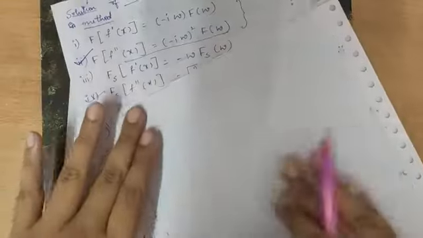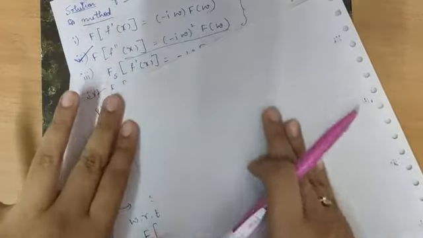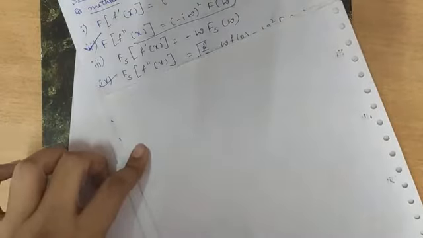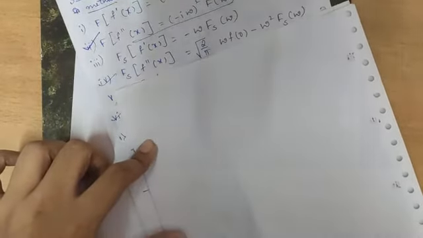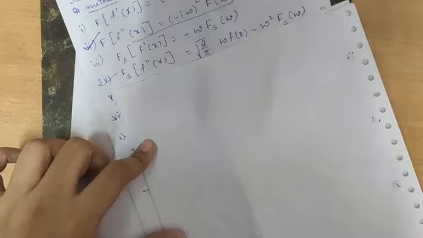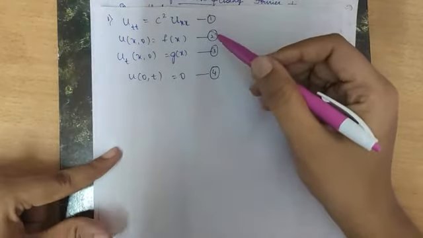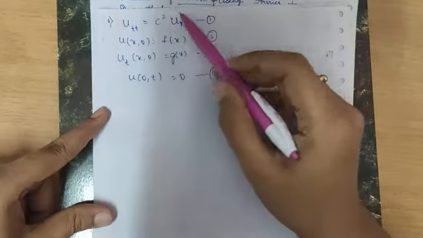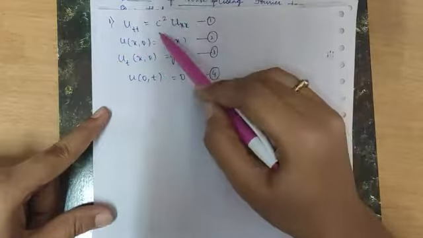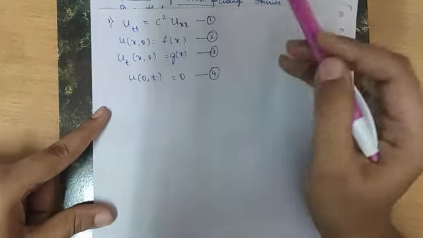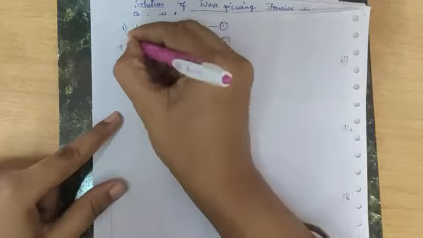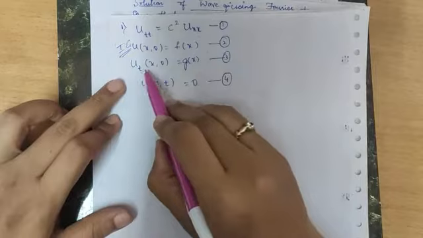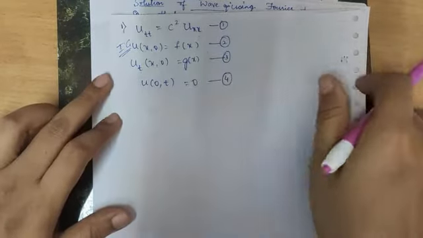Next, we will see how we can solve the wave equation using Fourier sine series and Fourier cosine series, or Fourier sine transform and Fourier cosine transform. The question will be: using an appropriate Fourier transform, solve the wave equation u tt is equal to c square into u xx, and they have given the initial conditions as u of x comma 0 is equal to f of x, u t of x comma 0 is equal to g of x.